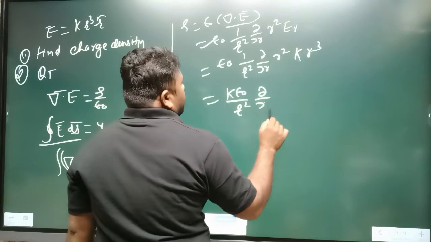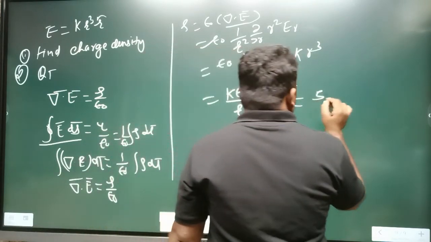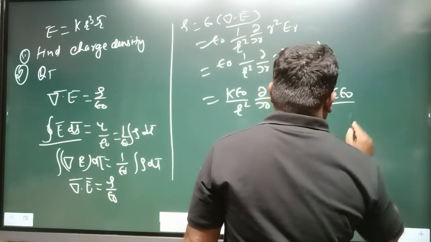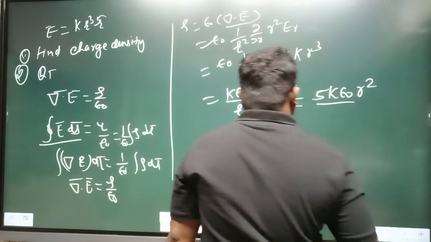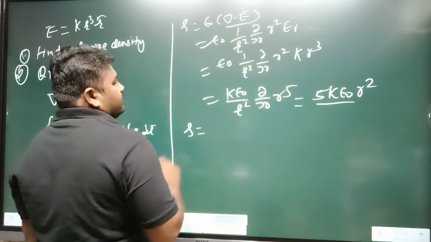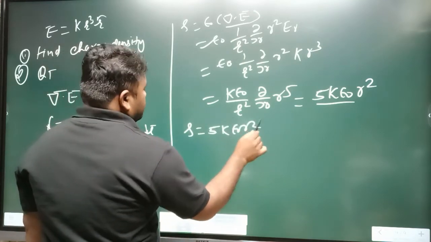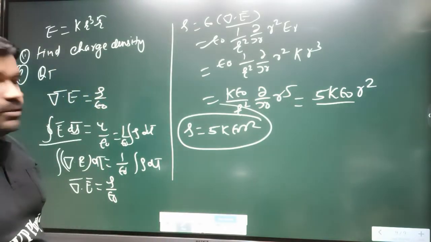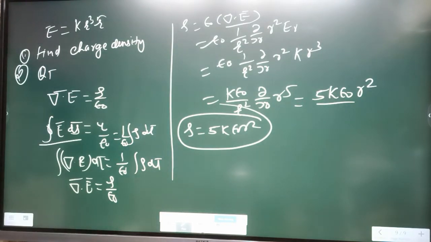Dab upon dab r of r to the power 5, the derivative gives 5 r to the power 4. Means here the charge density is 5 k epsilon naught r square. This much amount of charge density will be created. Got it? Next.